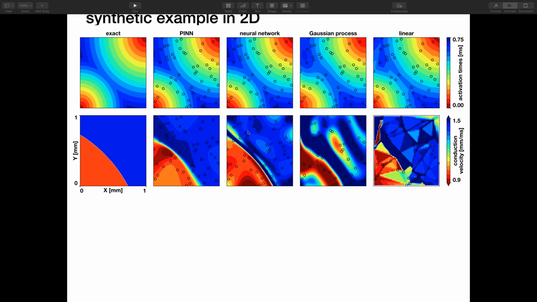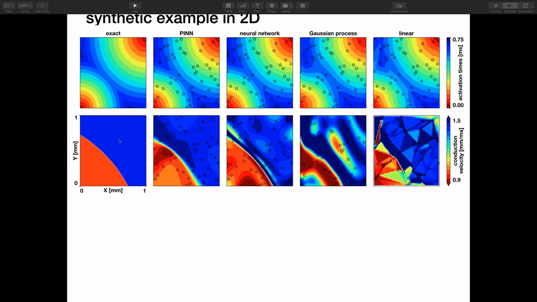So you can see here that with our approach, we can approximate this discontinuity. We can capture that, while the other methods really struggle, especially here in the corners. They tend to go to values that are very unrealistic because we don't have any data there.